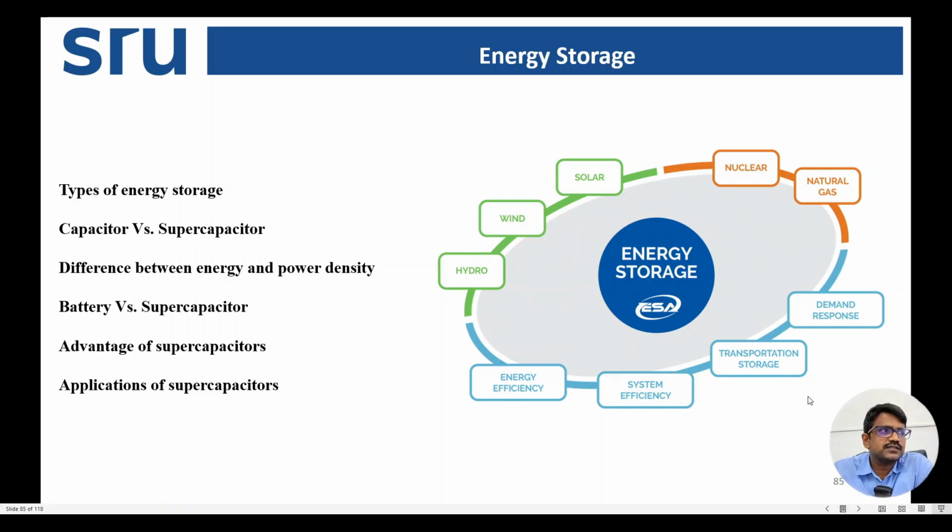Here if you see this image, you can see the types of energy sources available to us. Okay, if you see from the start here, nuclear energy. From a nuclear reactor we can get this nuclear energy, and also natural gas.